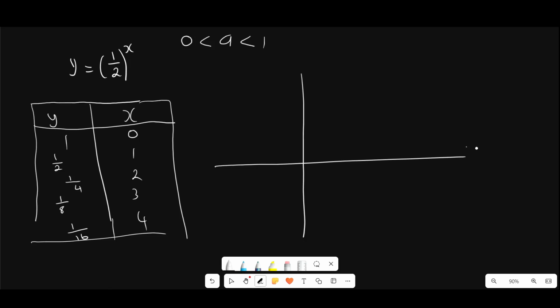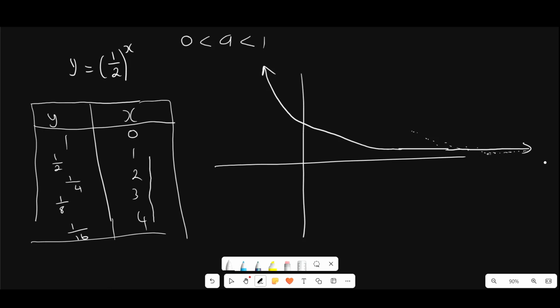So meaning from positive infinity coming left, you can see when I go from 4, 3, 2, 1, I increase my y value. Notice that 1 over 16 is less than 1 over 8. A half is greater than 1 over 4, so my function will be something that looks like that.